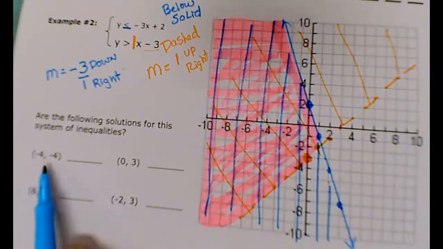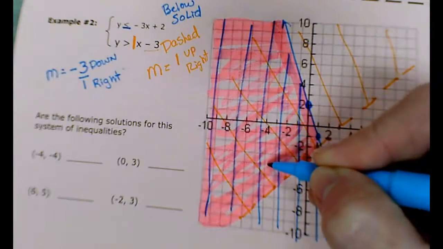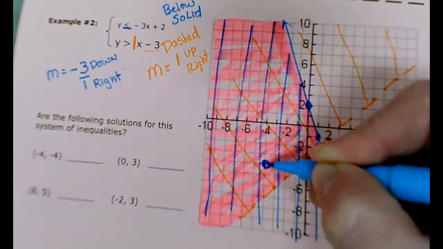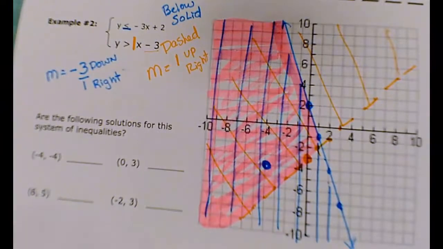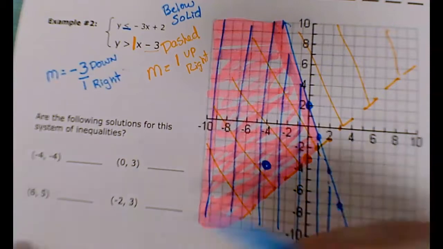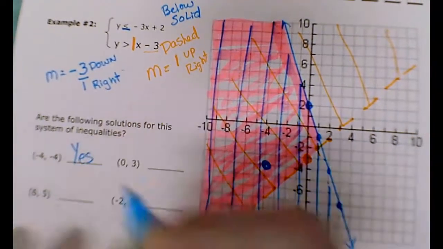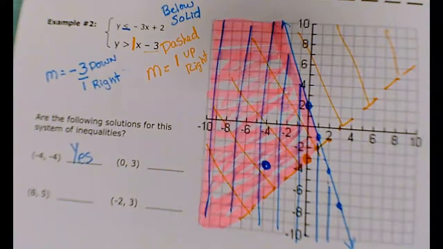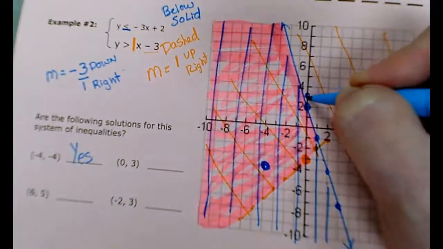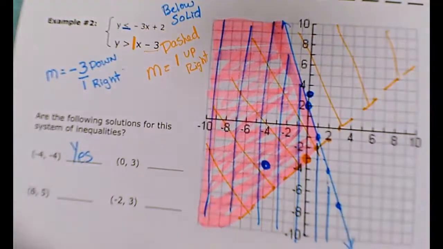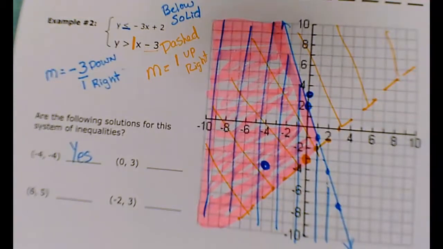Is the point negative 4, negative 4 in the shaded part? The shaded part, the part that was overlapping on the shading, is the answer. So, yes, that's in the shaded in part. Is the point 0, 3 in the shaded in part?